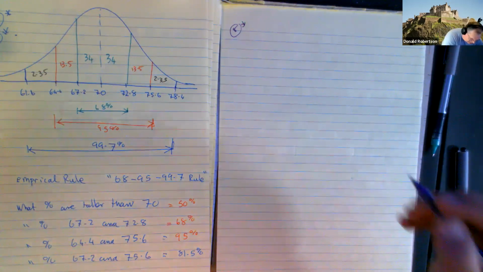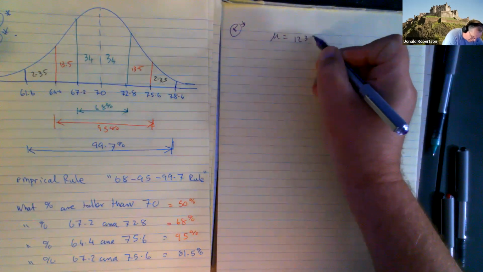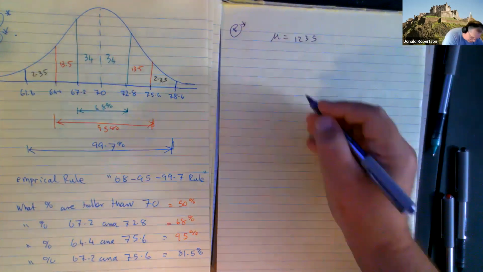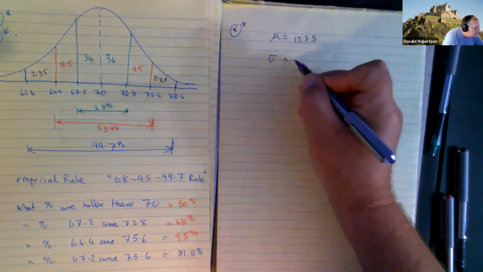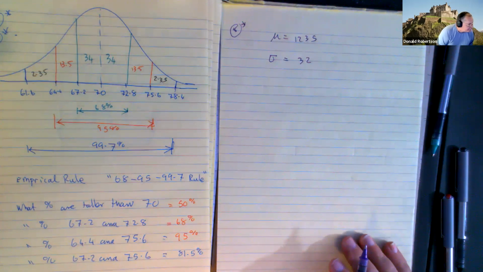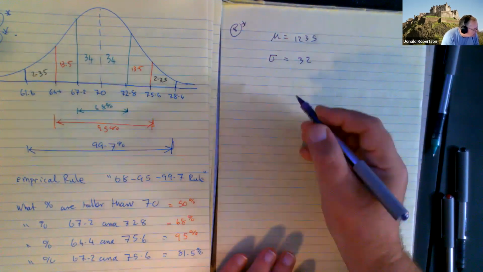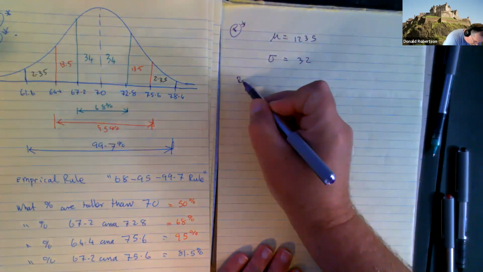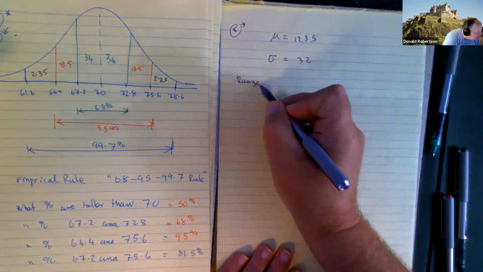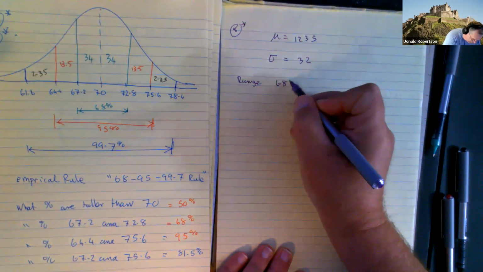And the mean in this was 1235 years, and the standard deviation was 32 years. And they turn the story kind of on its head. They want to know what range would you expect in your data to have 68% of it.